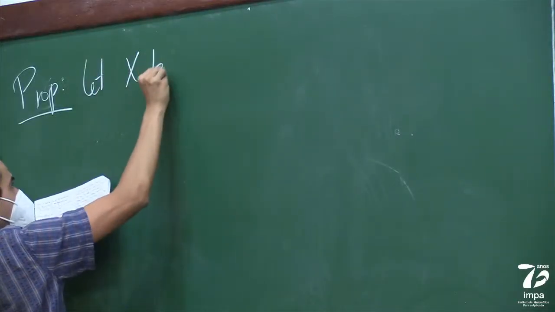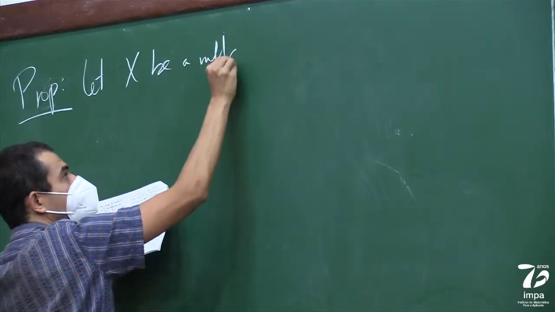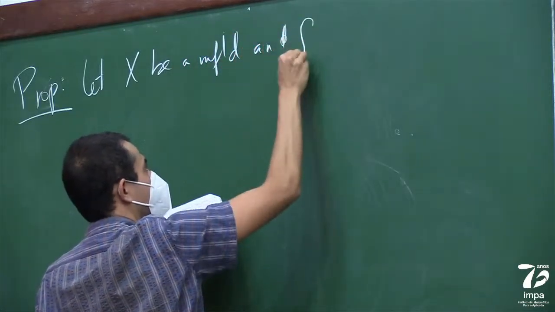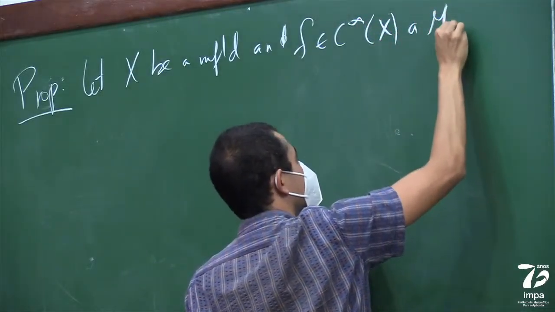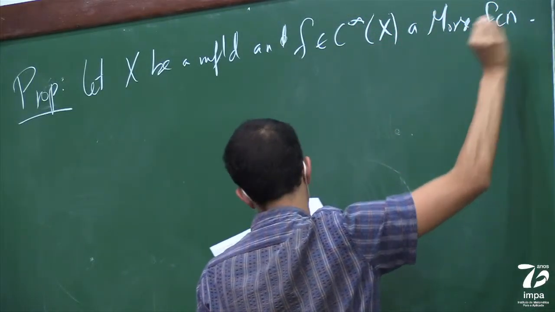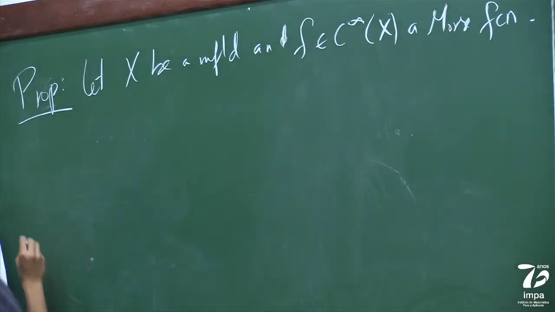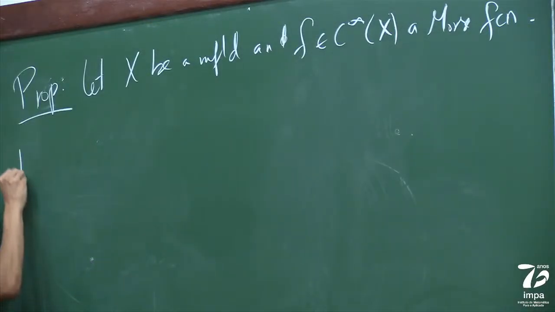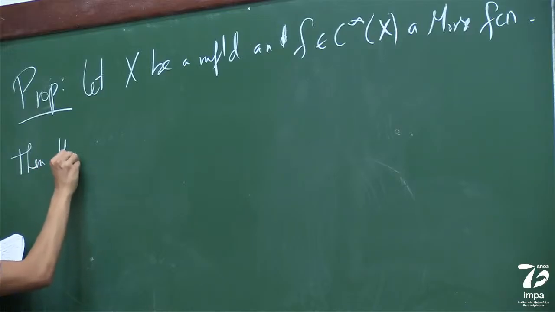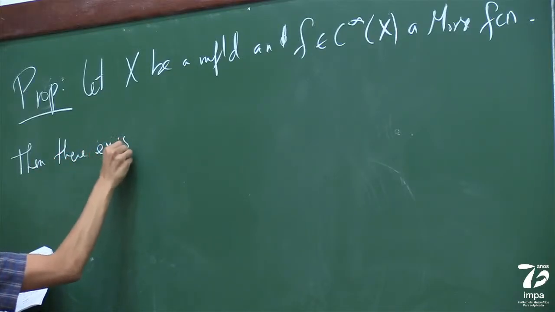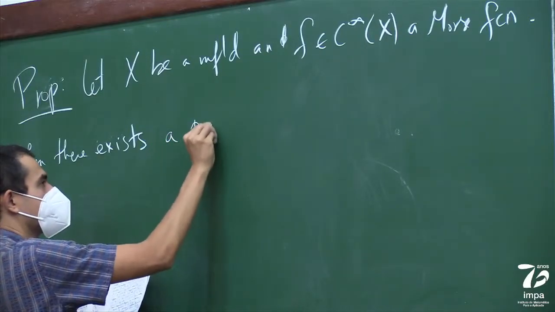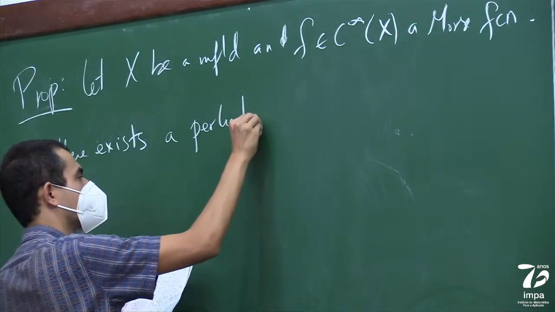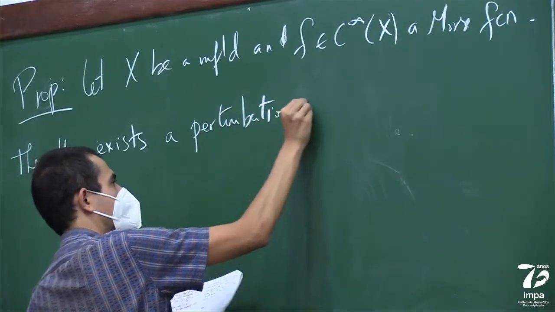So let X be a manifold, and f a Morse function. Then there exists a perturbation. It doesn't actually matter that it's a perturbation.